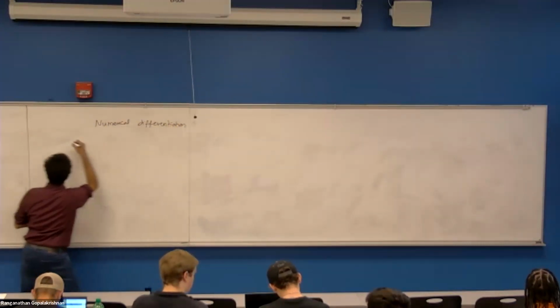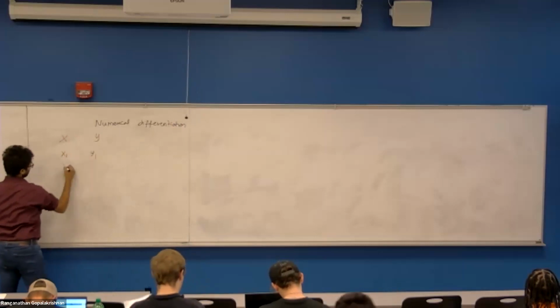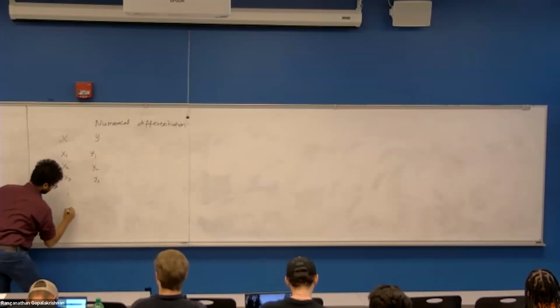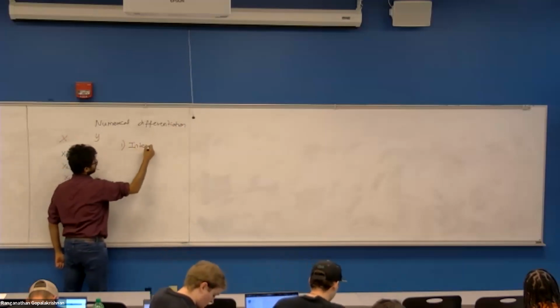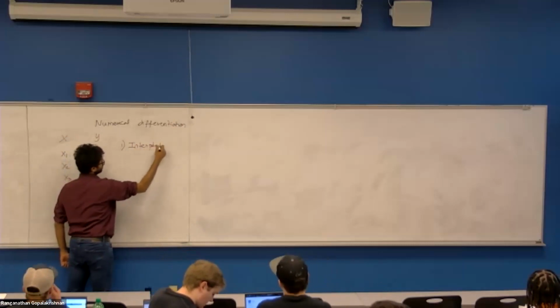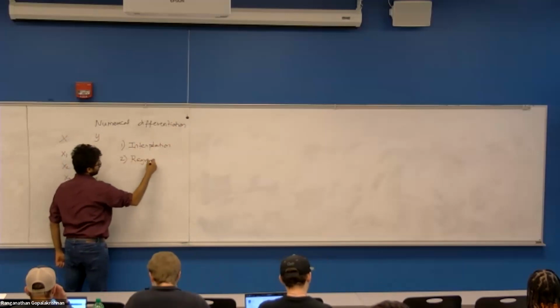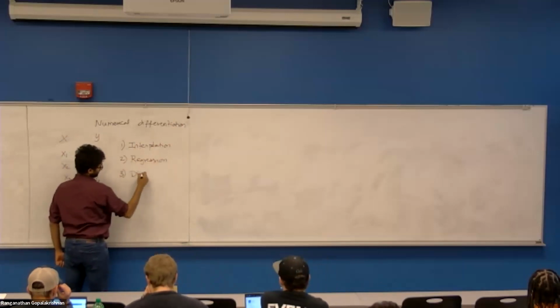If I give you a table of data, X and Y: X1, Y1, X2, Y2, X3, Y3, and so on. We saw what is interpolation. We saw what is regression. And now, to the same table of data, you're doing another operation called differentiation.